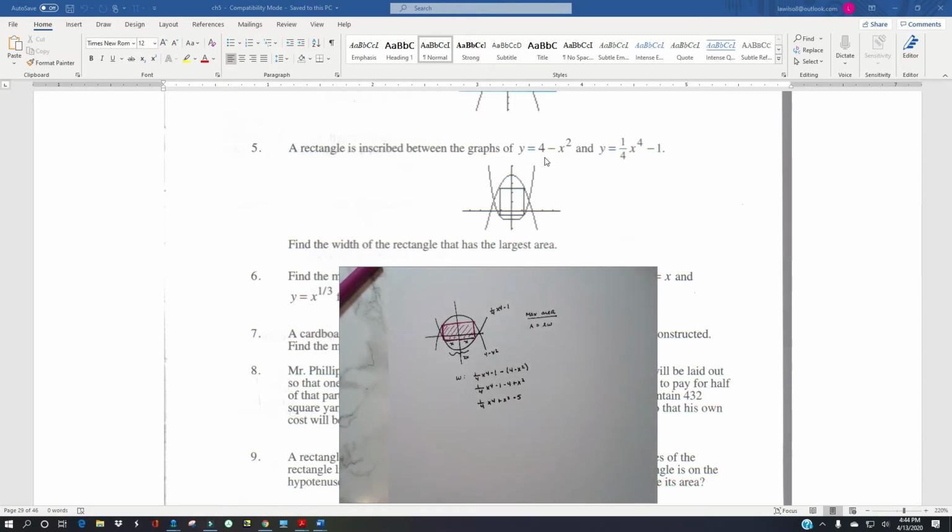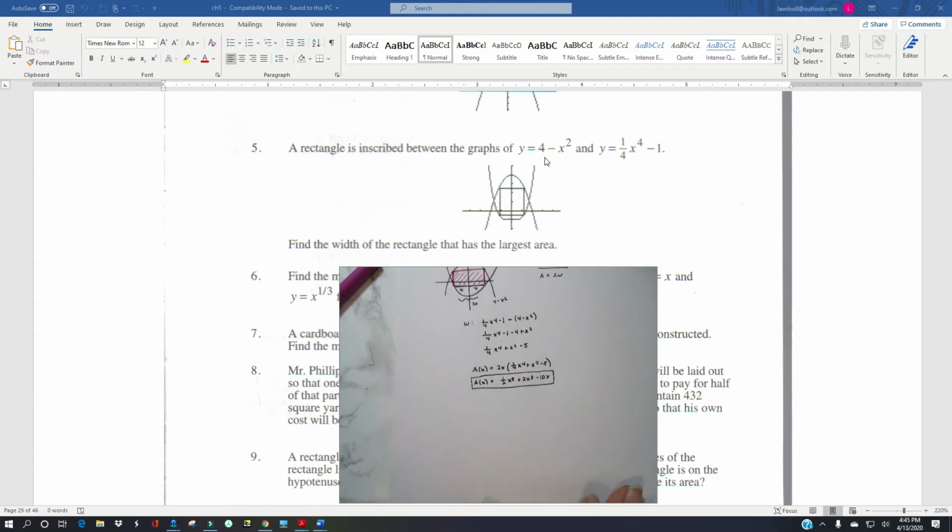So that's our width. So our area function then is going to be 2x times 1/4 x to the 4th plus x squared minus 5. And if I clean that up a little bit more for my derivative, that's going to give me 1/2 x to the 5th plus 2x cubed minus 10x. There's my function.